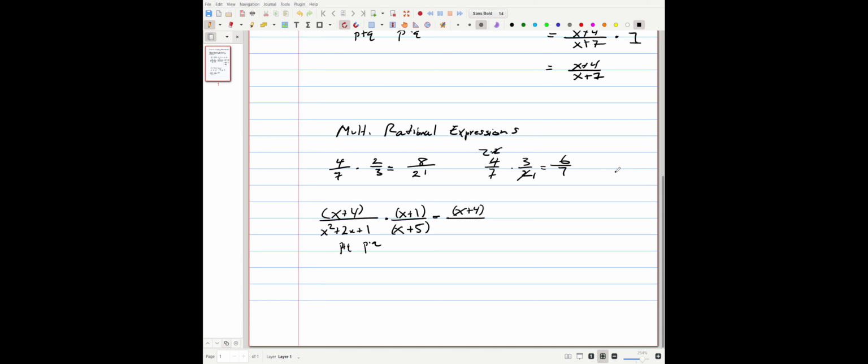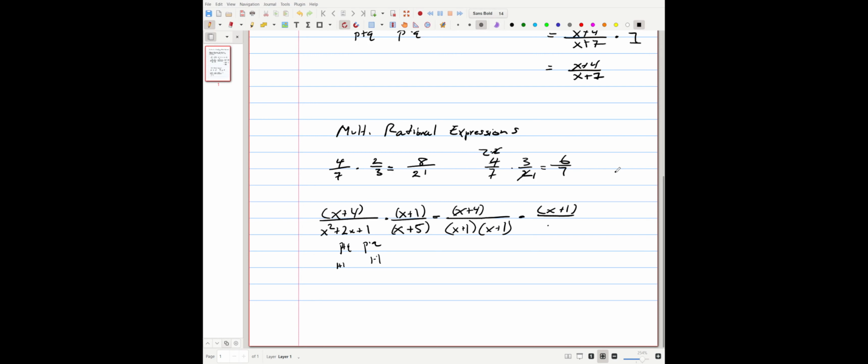It should be somewhat obvious, because the only numbers that multiply to 1 are either positive 1 or negative 1. Since this is plus 2, we want the positive 1 version. So 1 plus 1 is equal to 2, and 1 times 1 is equal to 1. So the denominator of this rational expression will just factor into (x + 1)(x + 1). And you're probably seeing where this is going already.